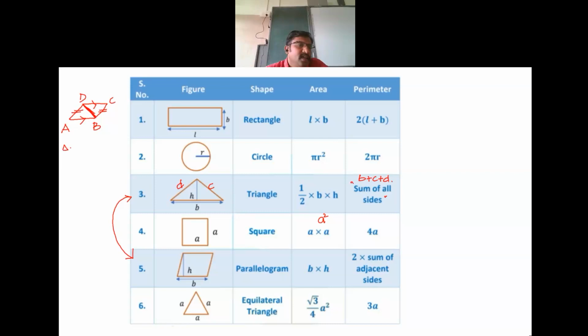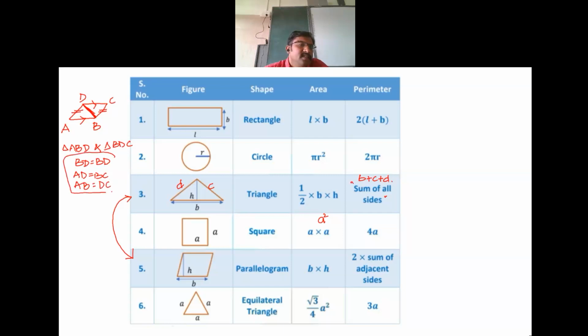If you consider the triangle ABD and triangle BDC, in these two triangles, there is a common side BD. Opposite sides are equal, so AD will be equal to BC and AB will be equal to DC.